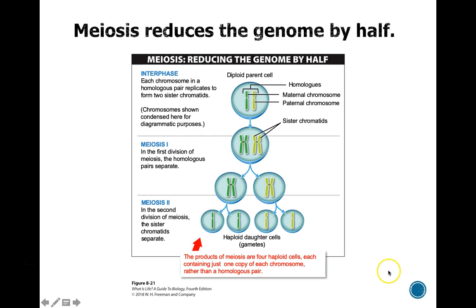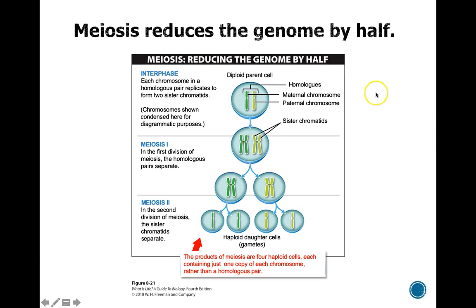You can kind of start to see where these cells are different, I'm sorry. Remember we said one of the goals was to produce genetically different gametes. You can already see here, this cell has green, this cell has yellow. So that's the first step in making different gamete cells.